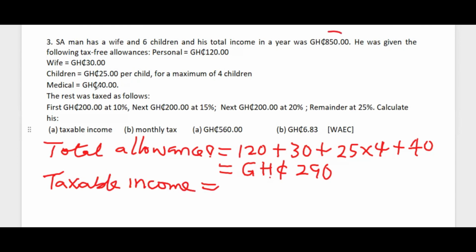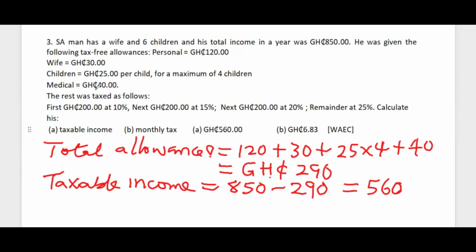The total income is 850, so we have 850 minus 290, and our taxable income becomes 560 Ghana cedis.